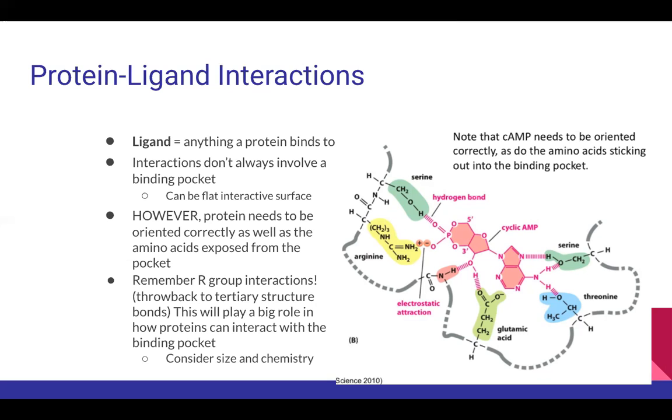For example, a protein with really large amino acid groups, like those benzene rings that Rachel was talking about, might not always fit in every binding pocket. So remember, one of the biggest things from this class is that structure influences function. So the structure of the protein could have an influence on what things it can bind to. Next slide.